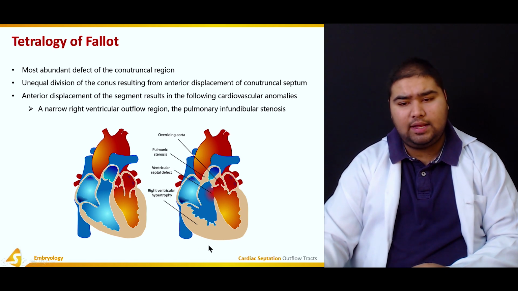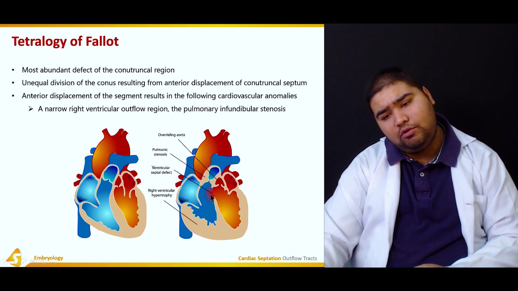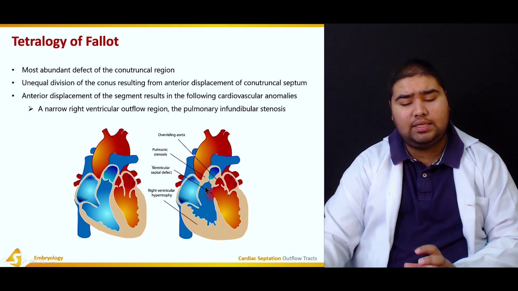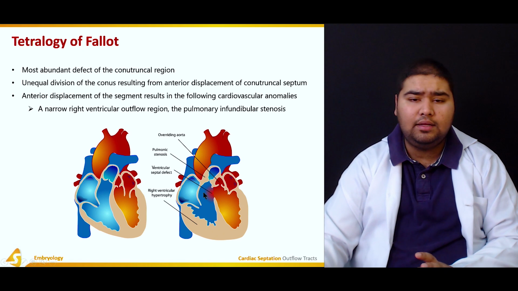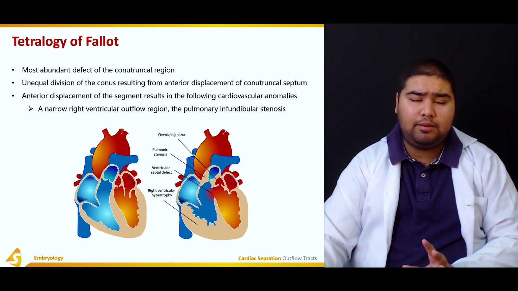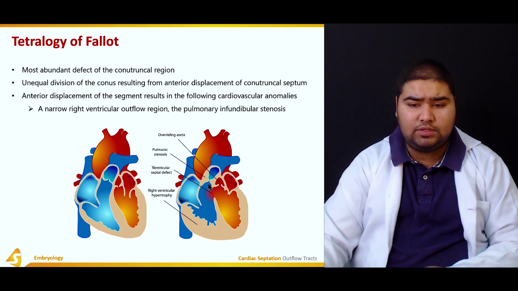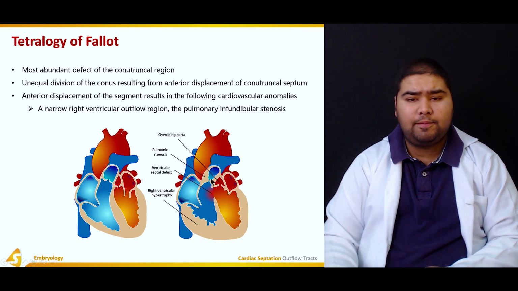Here you can see the right ventricle, which is narrow and small, and the outflow region of the right ventricle has been stenosed. This is known as pulmonary infundibular stenosis. Here you can see the stenosed portion of the outflow tract.